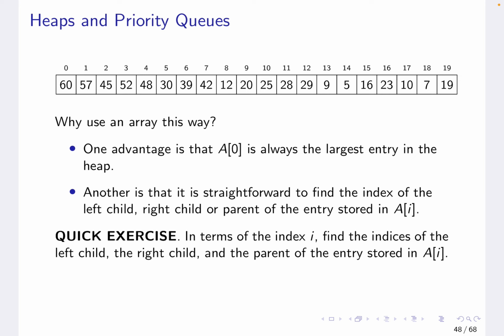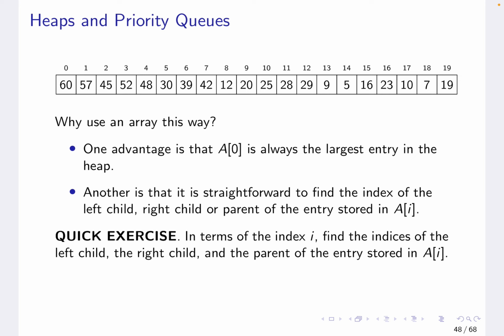Heaps are sort of specialized to be able to get the largest entry of a data set really quickly, with the trade-off of other operations not really making sense to do. And then we can also do some quick calculations to get the children and parents of any entry in the array.